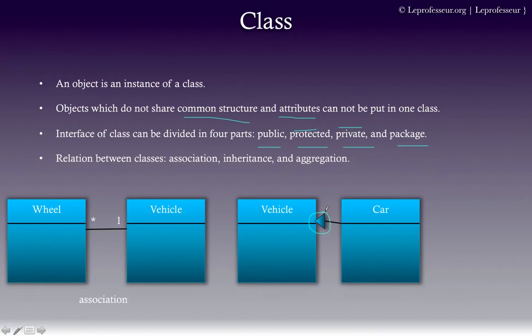Now this is a single inheritance, because car is inheriting from only one class, but car may inherit properties from another class. Say another class, a human, who may be the owner.